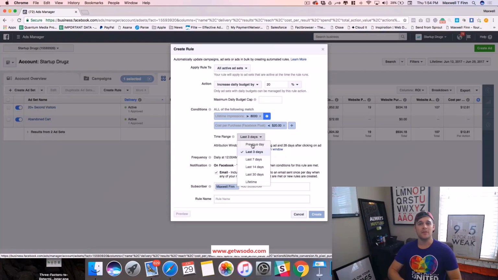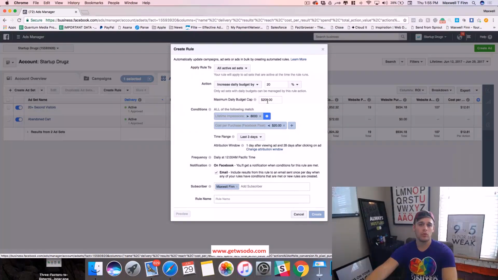They like not rocking the boat, and they like it when you don't make too many changes at once. So automation rules ensure that you're making very specific changes in a predictable manner at the same time of day in the same frequency of days. And I can cap this. If I only want to increase the budget up to $200 total, the rule won't kick in anymore once this daily budget cap has been hit.